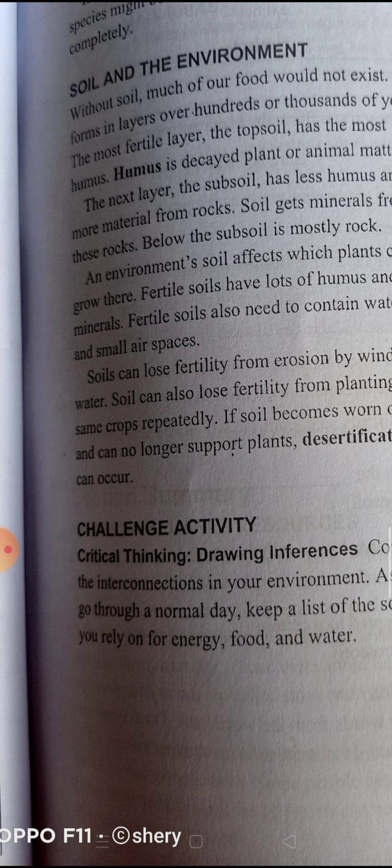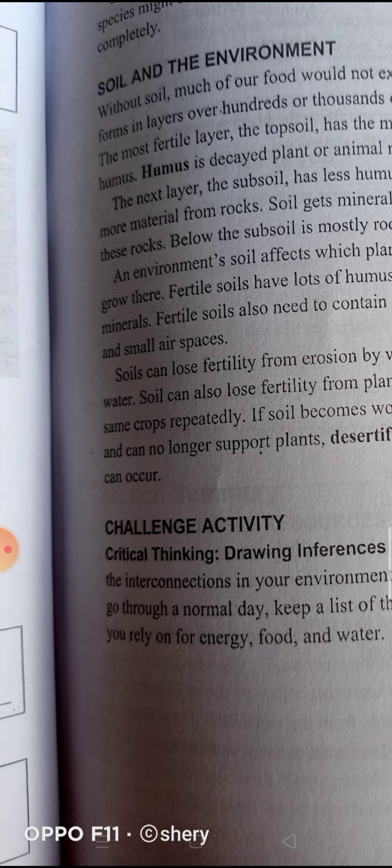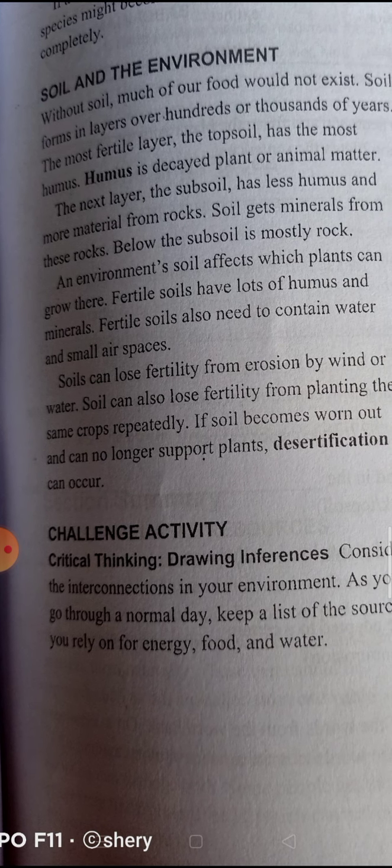So if I ask how soil can lose its fertility, I can answer: from erosion by wind or water, and from planting the same crops repeatedly.